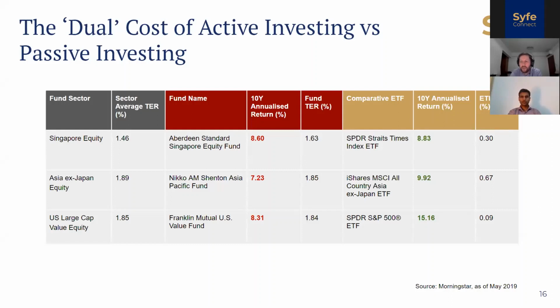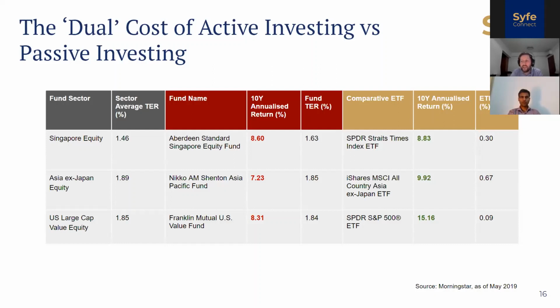If we compare it to that, we would look at the ETF TER, which is a fraction of the 1.85 that Nikko charges. The ETF TER would be 0.65, which is about a third of the active manager equivalent.